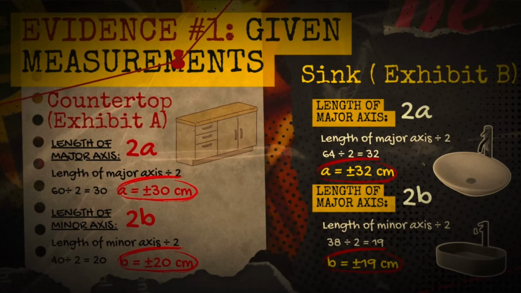In exhibit B, our sink, the length of our major axis, which is 64, will also be divided by 2, which will result in 32.